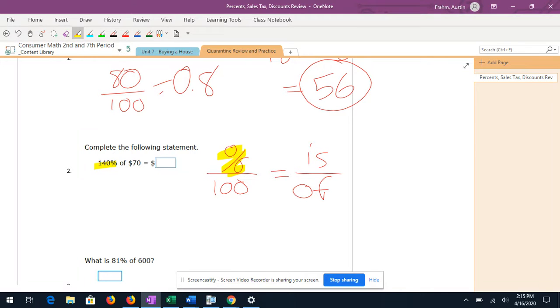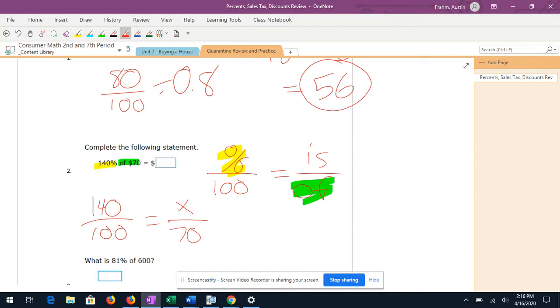Notice that the number 70 comes after the word of, so we are going to put 70 on the bottom of our fraction. So it's going to look like this: 140 over 100 equals, now since I have nothing for the word is, that's my missing value, I'm going to put x, my variable, over 70.